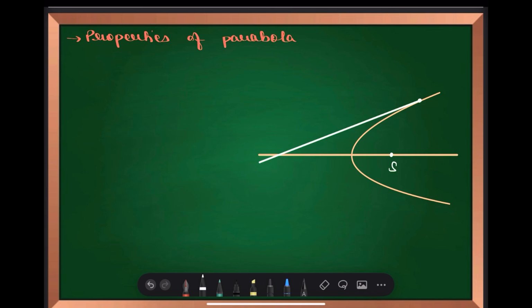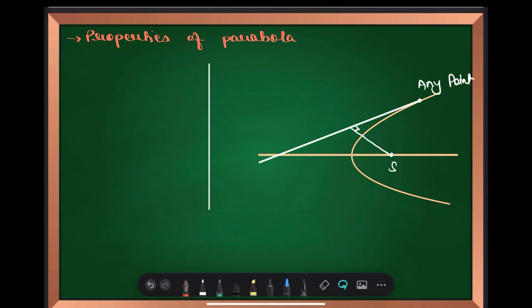From the focus, if you drop the foot of the perpendicular to any tangent, you have taken a random point on the curve and drawn a tangent there.